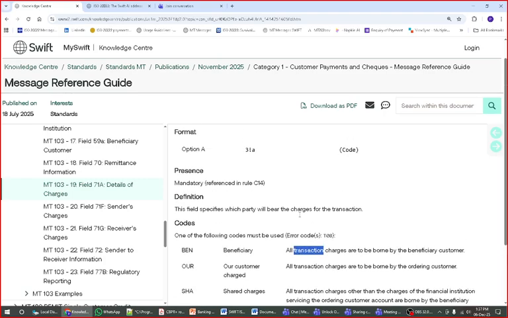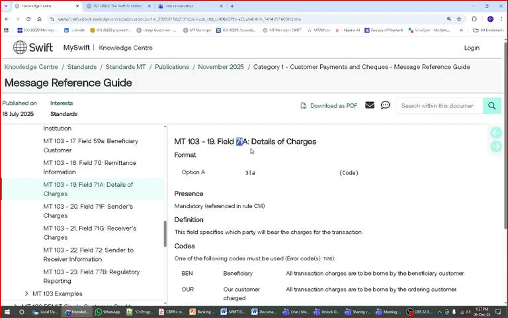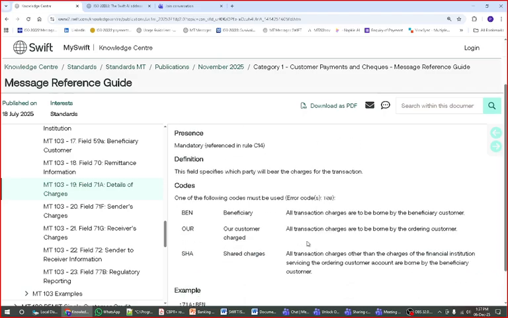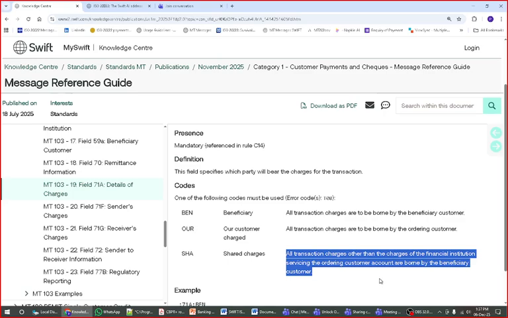So you must have seen the tag 71A, right? 71A, option A. It is having three characters only. BEN, OUR, SHA. OUR means all transaction charges are to be borne by the ordering customer. SHA means sharing, you are sharing the charges between the ordering customer and the beneficiary customer.